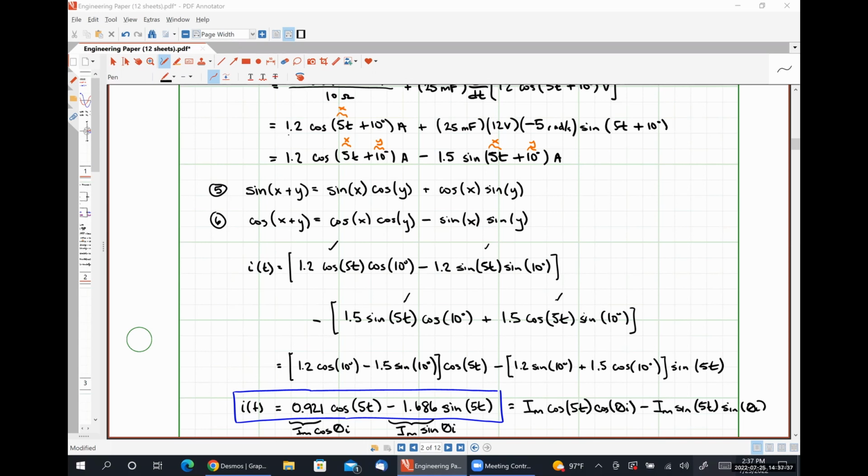All right, so our ultimate goal is to figure out what Im and theta I are. We're actually in a very good position to do that now.